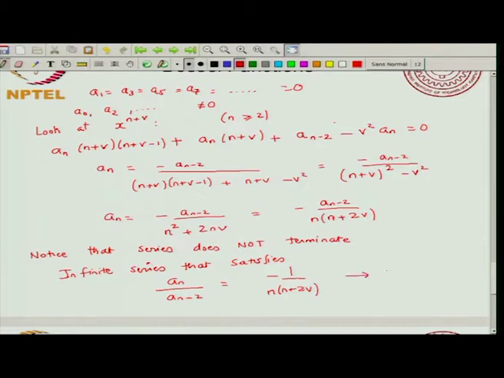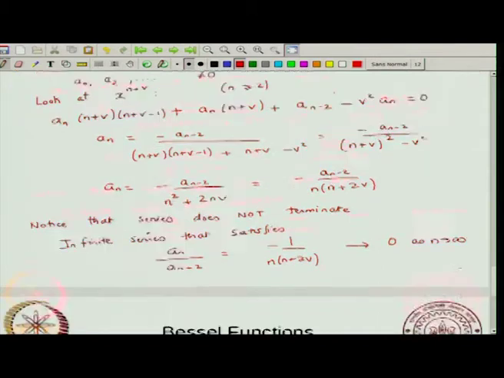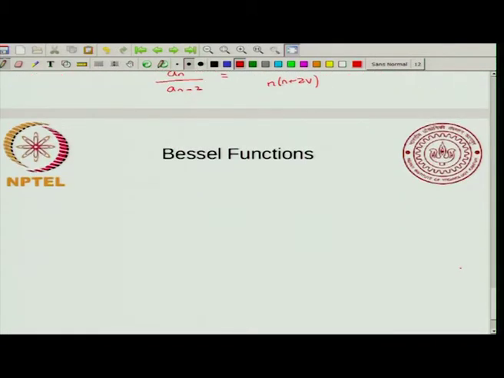This tends to 0 as n tends to infinity, that means the series is convergent.